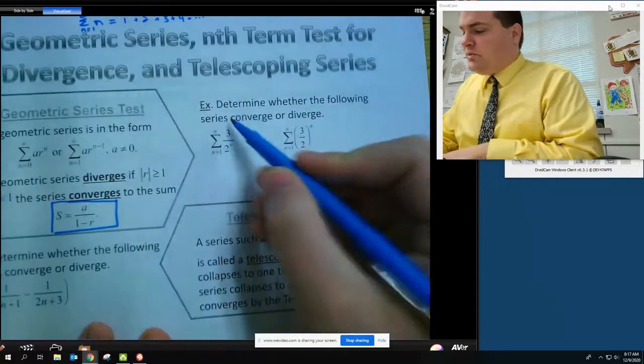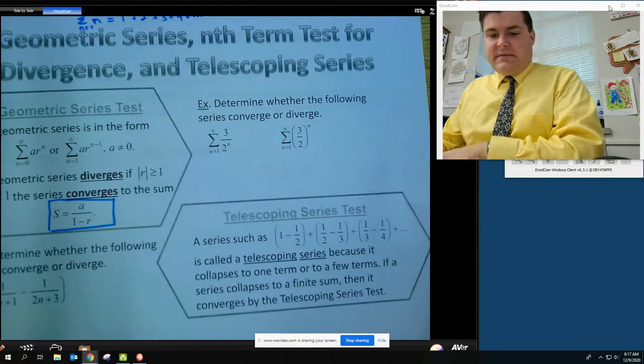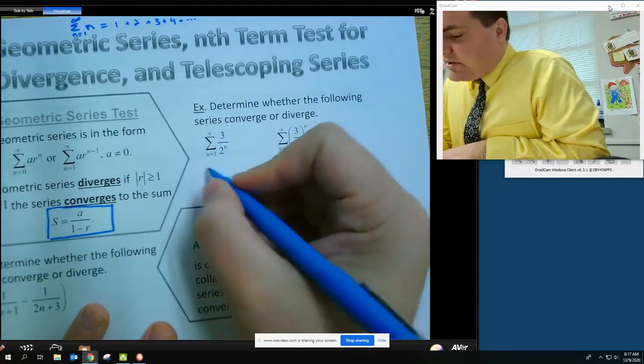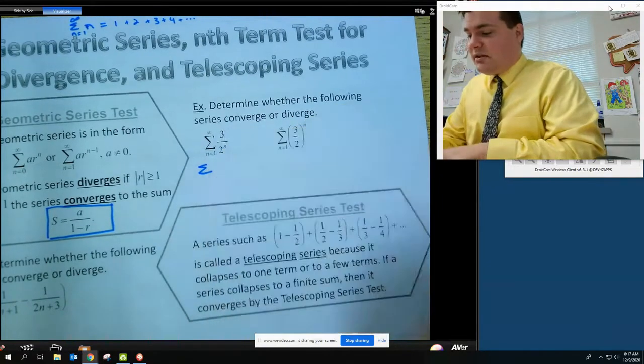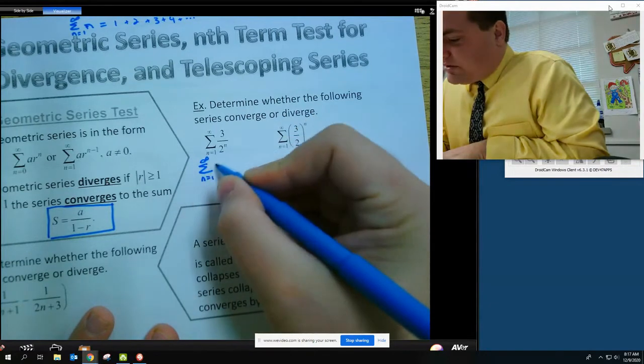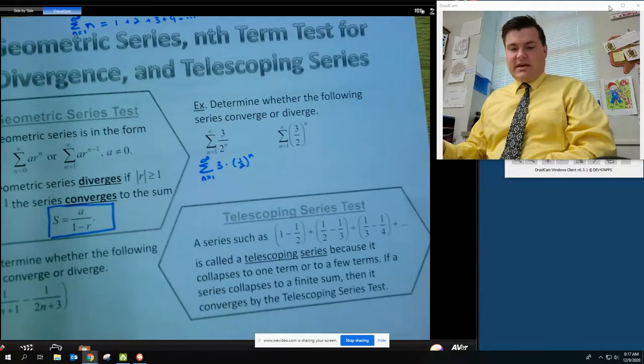Okay, so we're going to determine whether the following series converges or diverges here. Okay, so this one, I can actually do a little bit of a rewrite here, because that 3 doesn't have anything to the power on it. This is really 3 times 1/2 to the n. Okay?